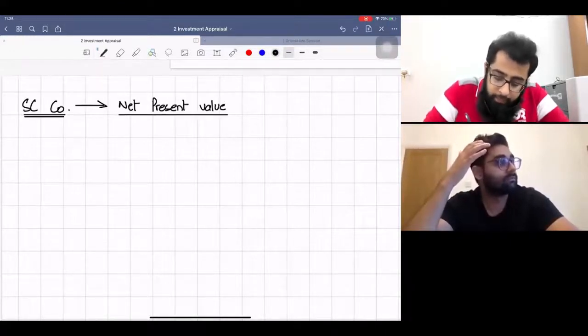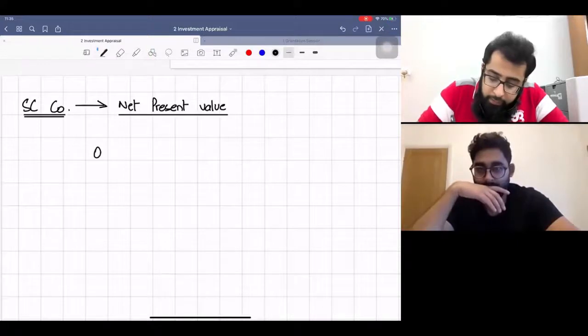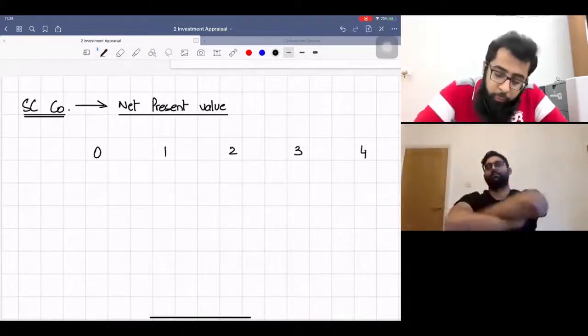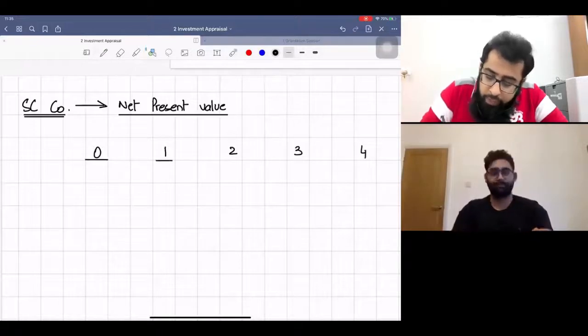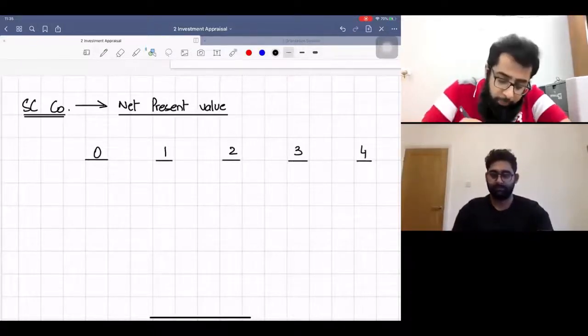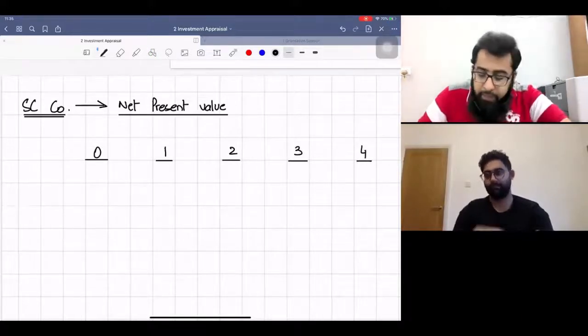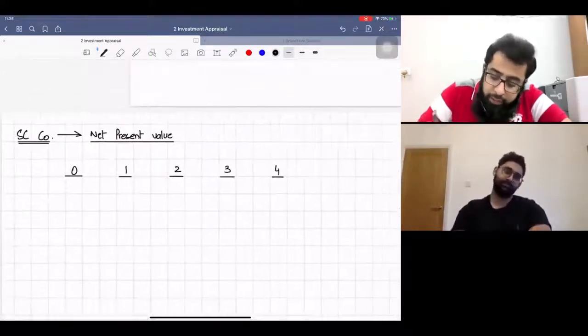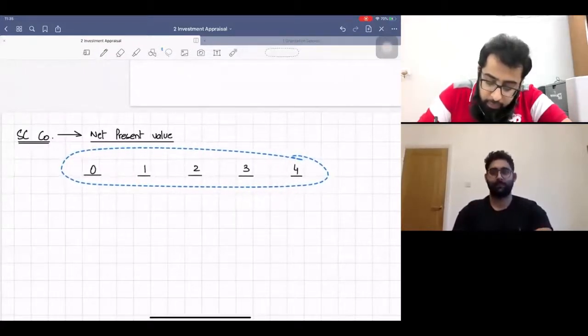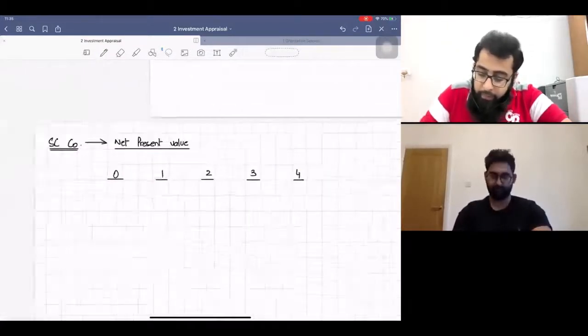Four-year analysis: year 0, year 1, year 2, year 3, and year 4. This time there is no arrears. First of all, I will consider the operational cash flows, the cash flows on which the tax implications will arise.